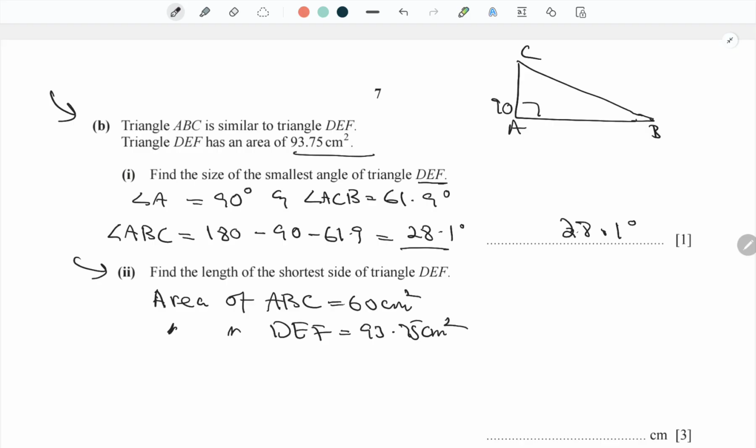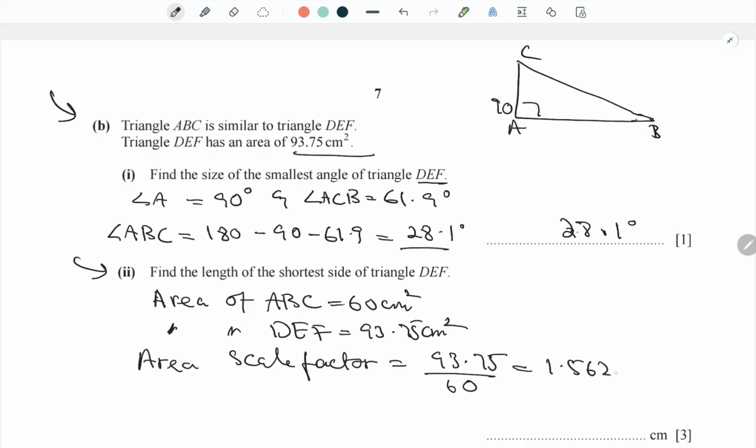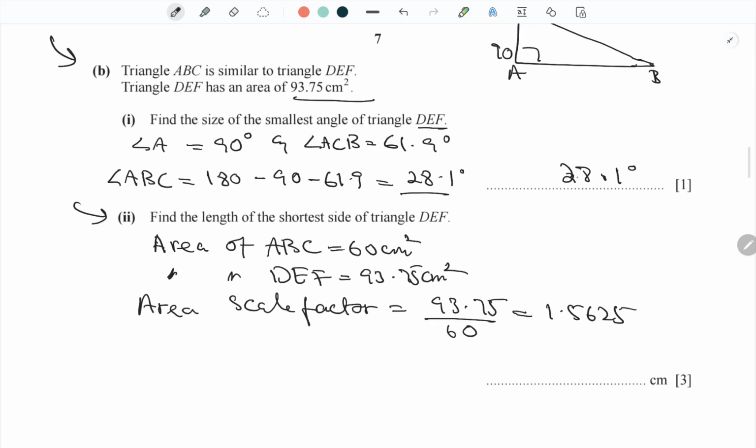So first we find the area scale factor, which equals 93.75 over 60. Once we divide it, we get 1.5625.